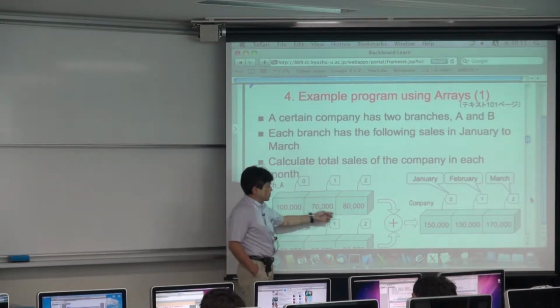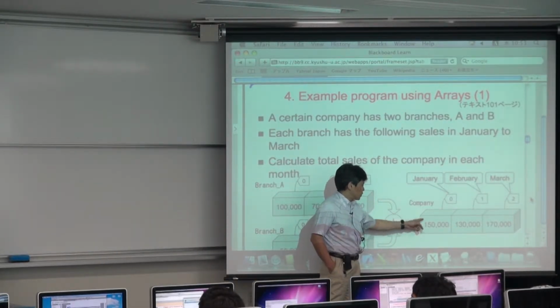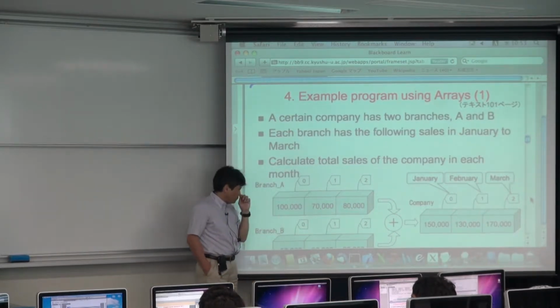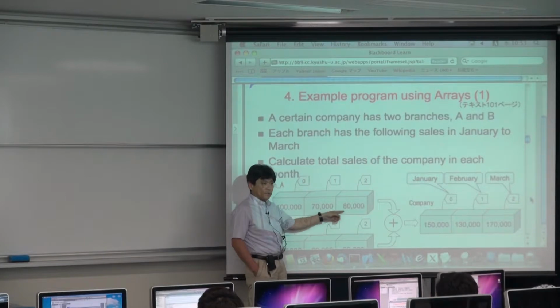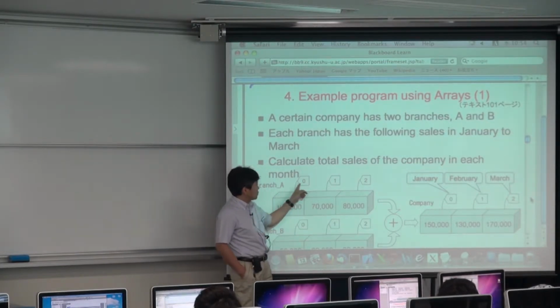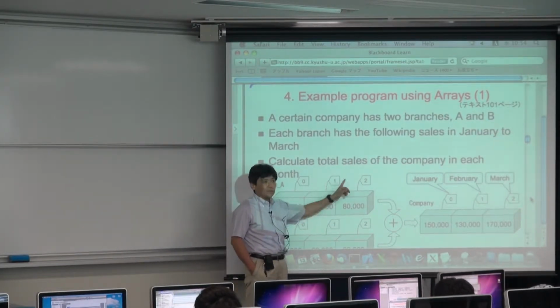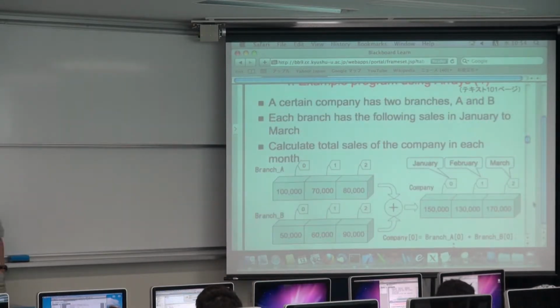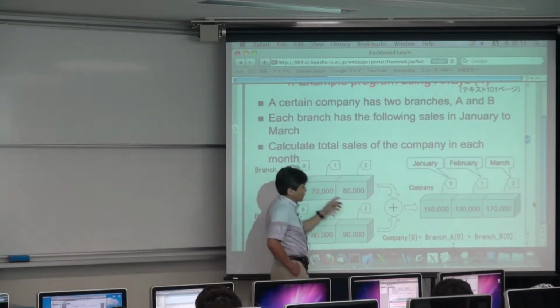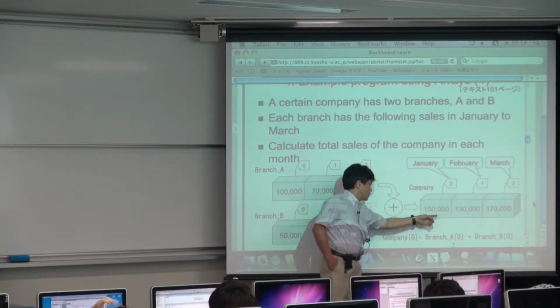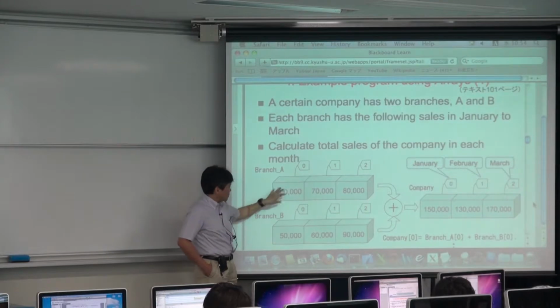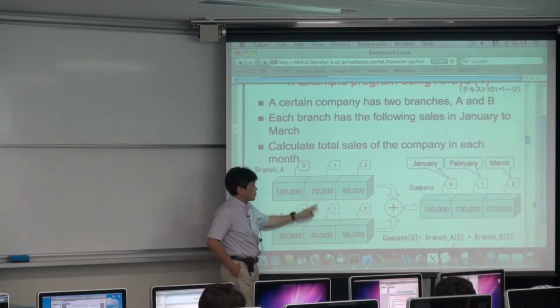So before calculating the total sales, each branch has a individual sales for each month. So in this case, 0, 1, 2 means January, February, March. So this program should calculate these values, okay, separately by adding these value and these value and these value.